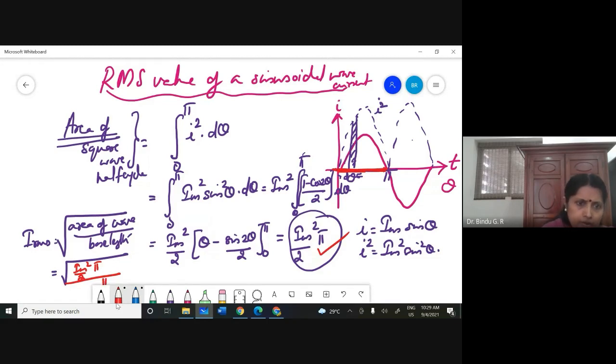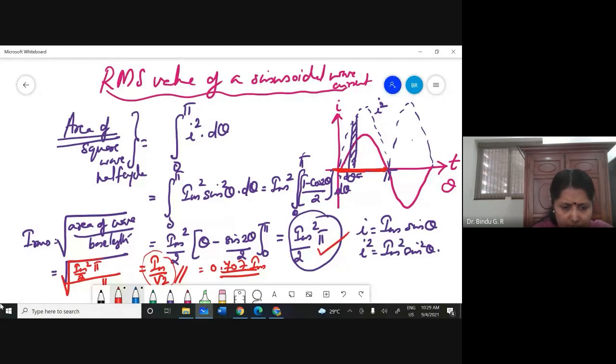This is also within the square root, and you will get Im by root 2, which I usually write as Im by root 2. Some people write it as 0.707 Im. So this is the RMS value of a sinusoidal wave.